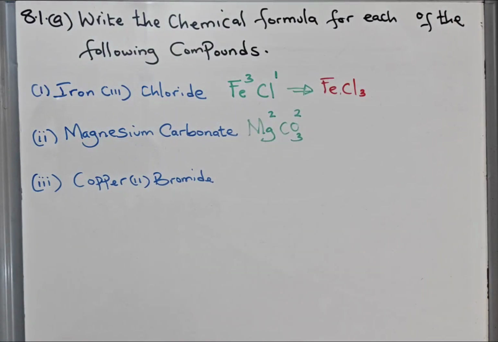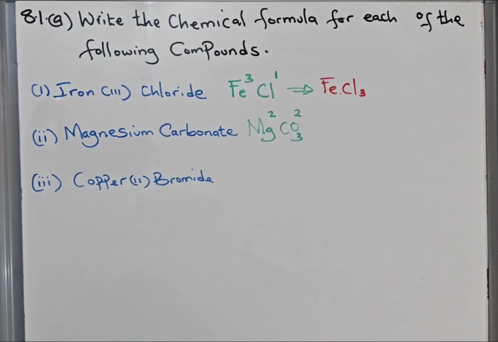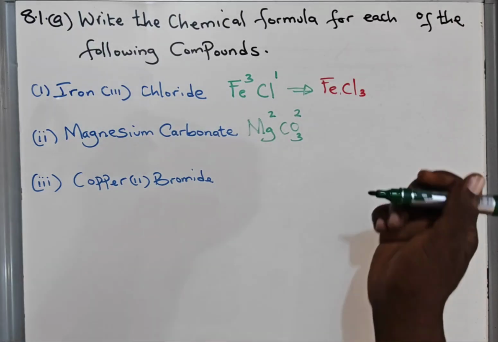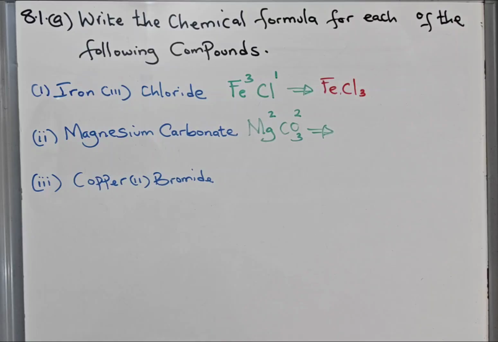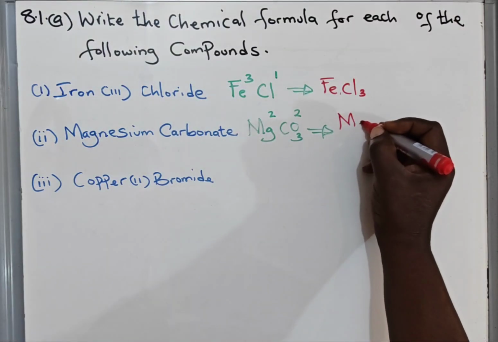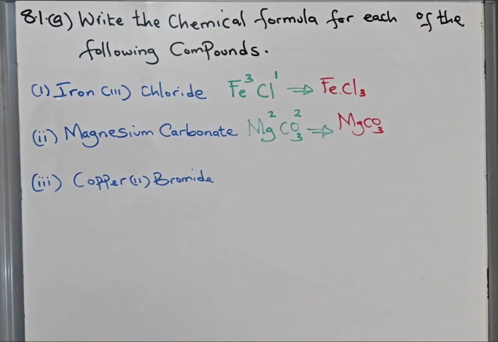Because they are the same, we ignore them or cancel them out. So this gives us magnesium carbonate, MgCO3, as the formula.